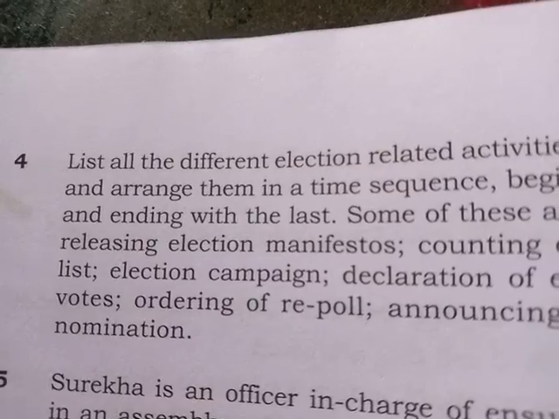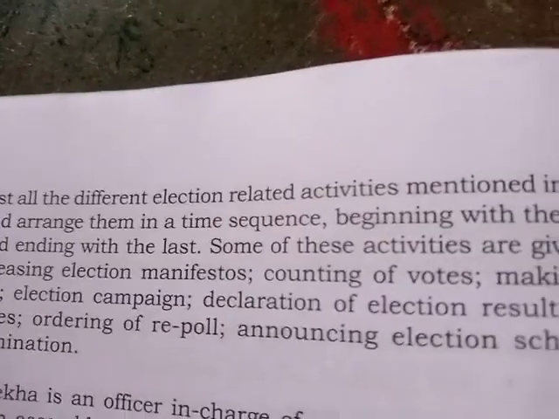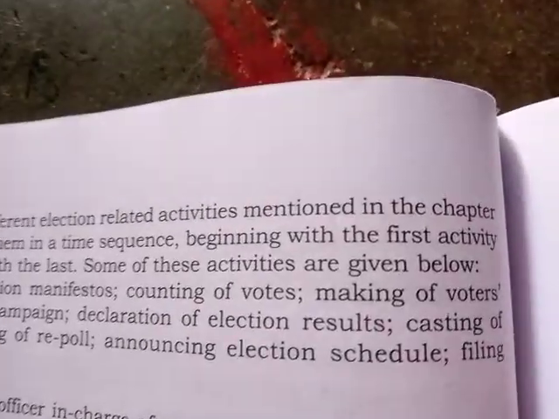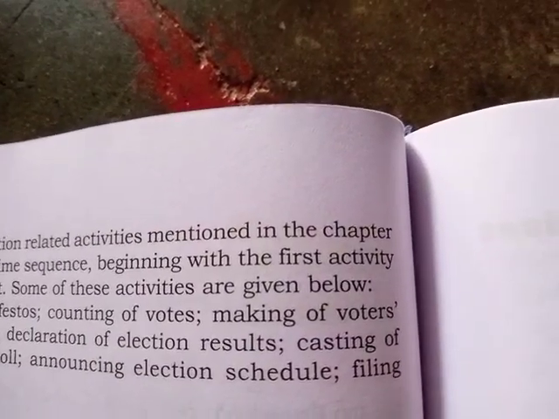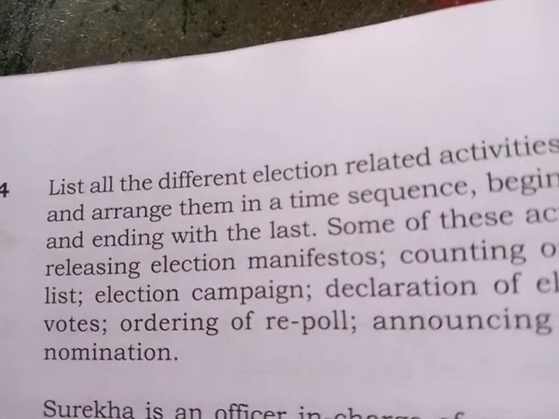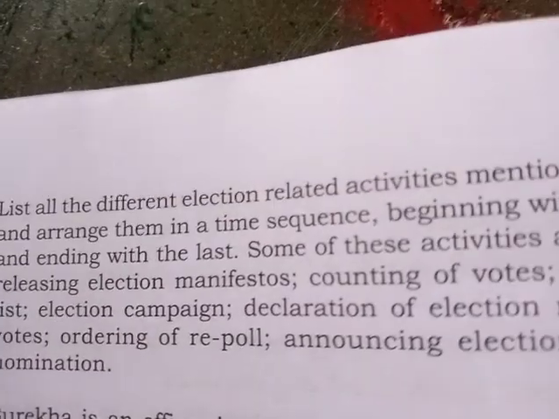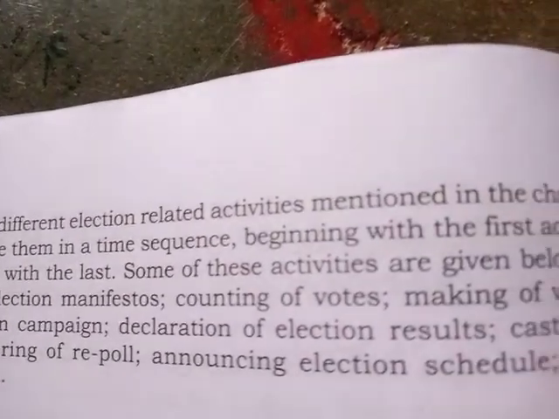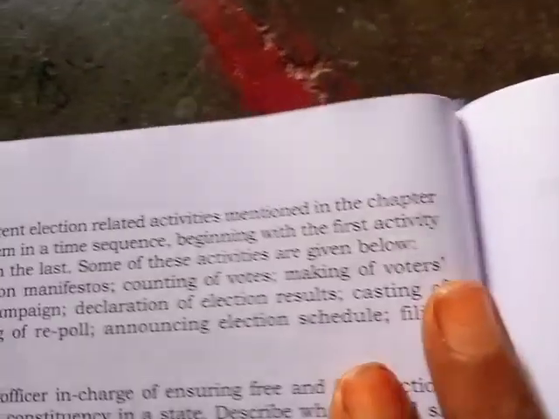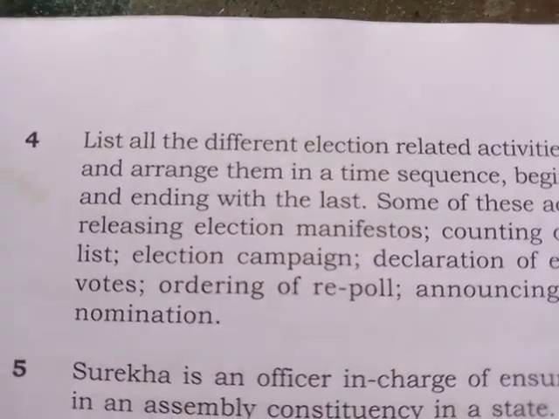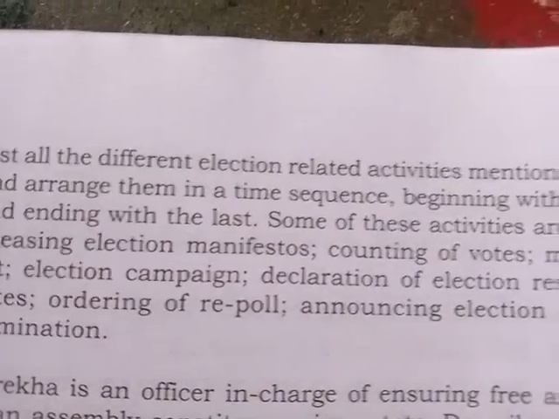Fourth question, list all the different election related activities mentioned in the chapter and arrange them in a time sequence beginning with the first activity and ending with the last.